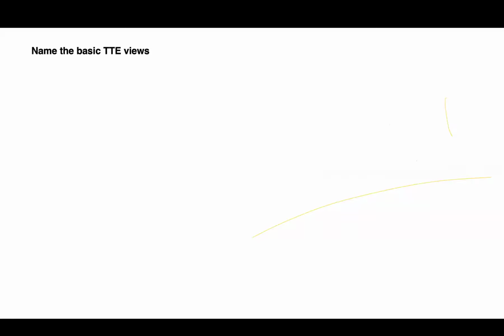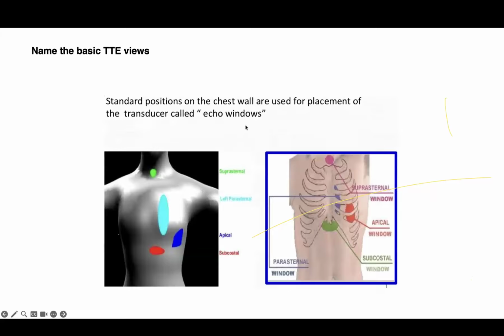Think, most of you would be doing ultrasound on a regular basis. So these are like the basics. Superb. Excellent, excellent. So you need to know about it. Parasternal, apical, subcostal, and suprasternal views.